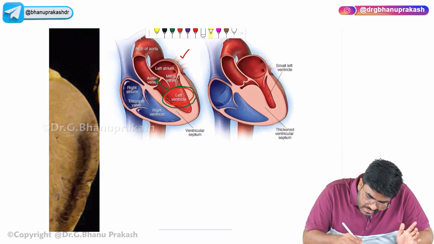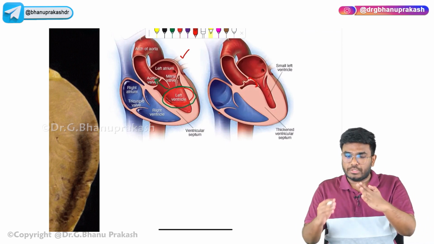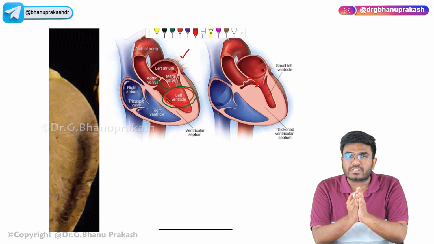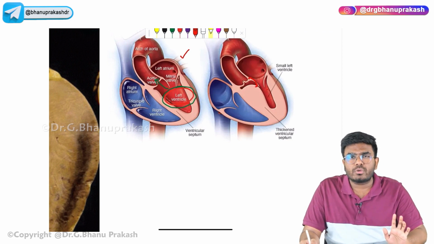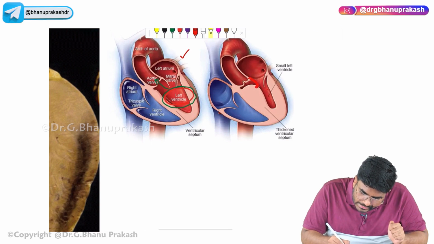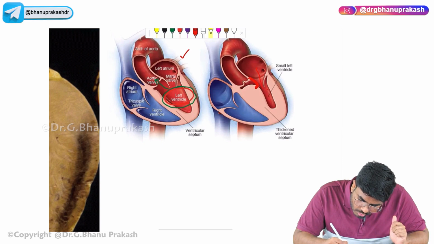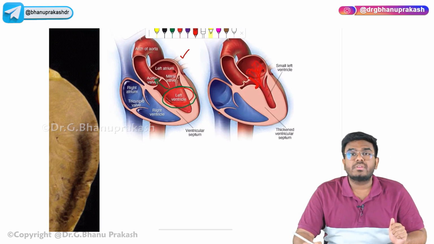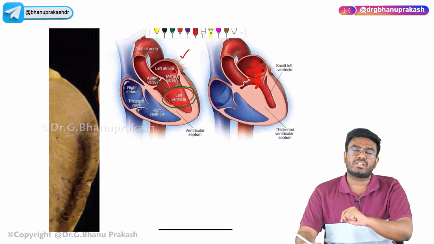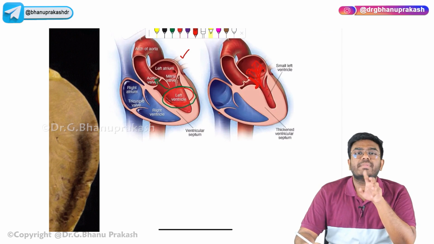Because of this displacement, the mitral valve, which was supposed to be closed during systole, during left ventricular contraction, is not closed. Because of this systolic anterior motion, the SAM, the blood will also go into the left atrium. So there is mitral regurgitation.